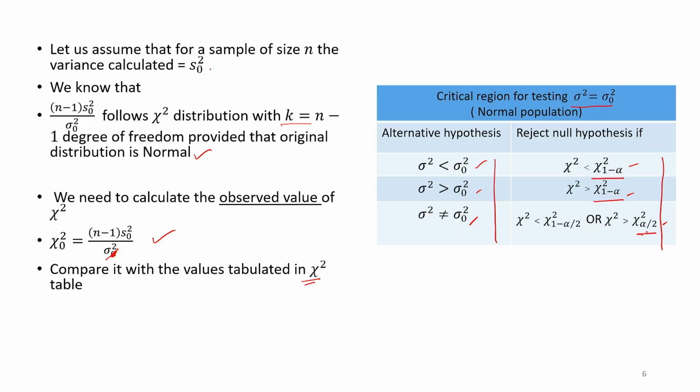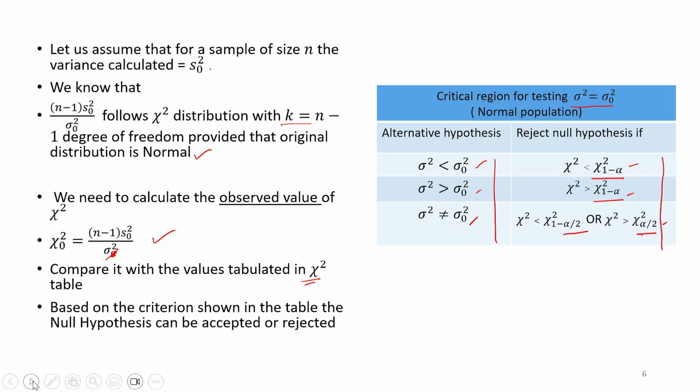Once we know the value of alpha, which will be specified as the level of significance, we can find out the chi-square alpha or chi-square 1 minus alpha. You have to look back at the chi-square table and learn how to read the chi-square table.